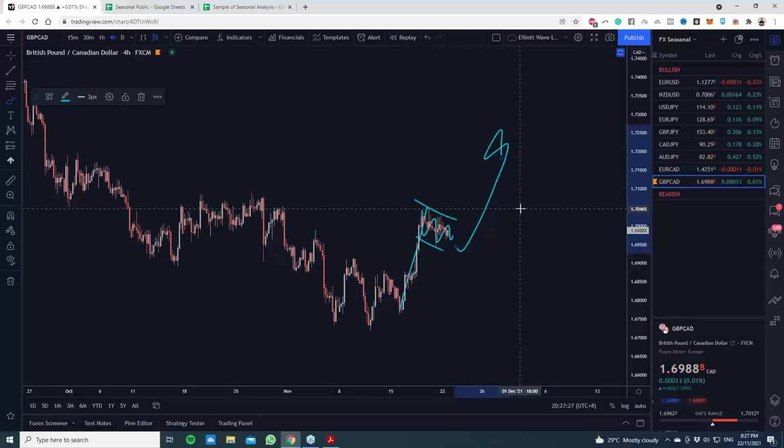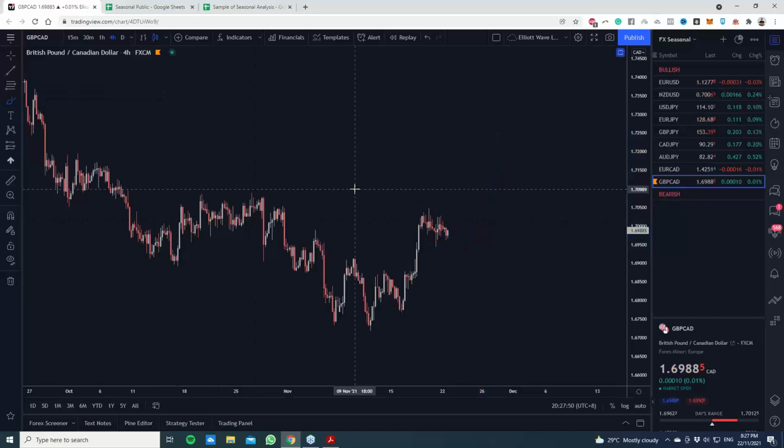And if I combine these two elements, with seasonality telling us upside for pound CAD and technical analysis also telling us potentially upside for pound CAD, both are in alignment, then of course, in terms of FX, I'll be looking to trade pound CAD to the upside. All right, so that's the approach on seasonality.